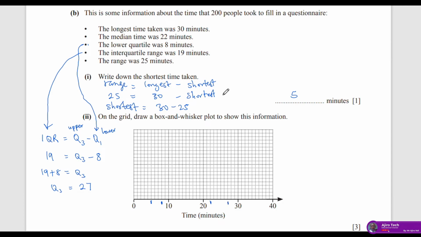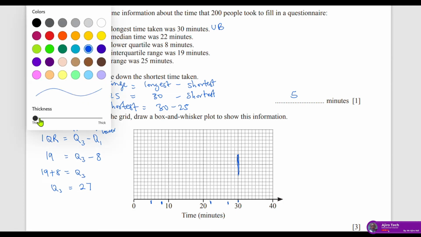And then the upper bound. Upper bound should be the longest, which is 30. So we've got all these values, so we can now do our box and whisker plot. I can make the box look like this. Let me make it a little bit thicker so that you can see what's going on.